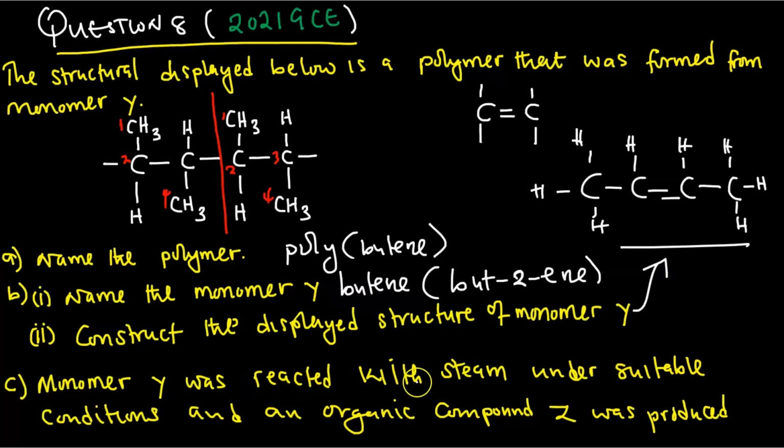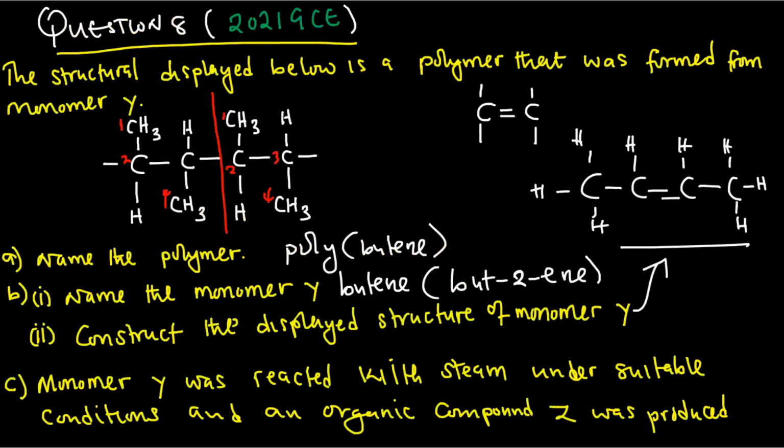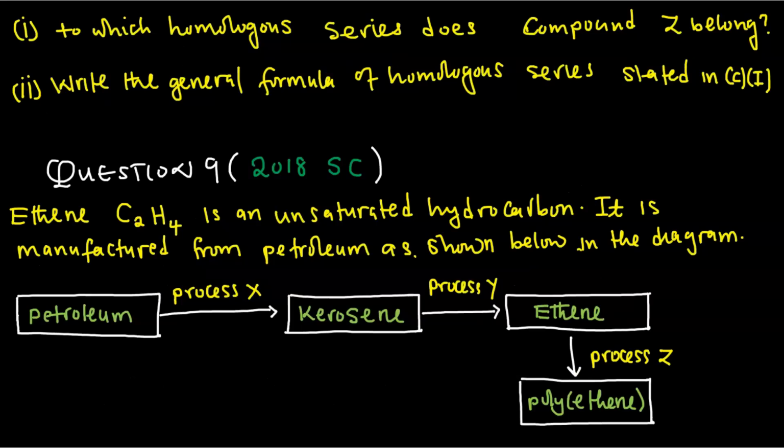Monomer Y was reacted with steam under suitable conditions and organic compound Z was produced. Like I said, we've started looking at a repetition of what we've looked at. Immediately you hear of steam and alkenes, just think of what is formed: the alcohol. In this case, the monomer is butene or but-2-ene, which means the product will be butanol, an alcohol.